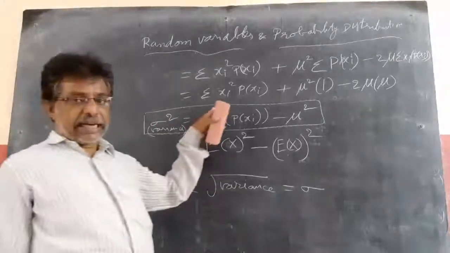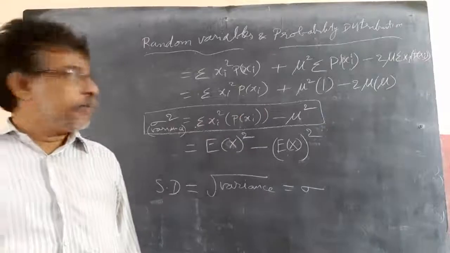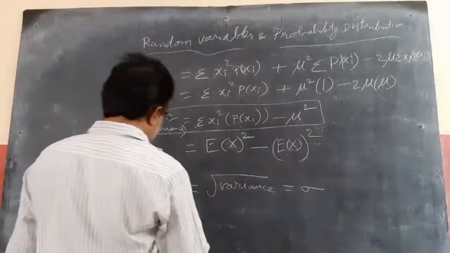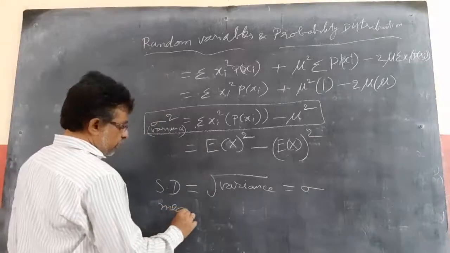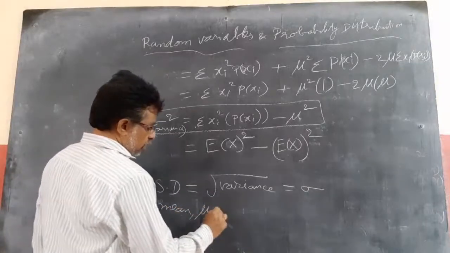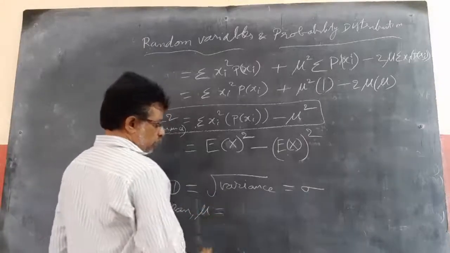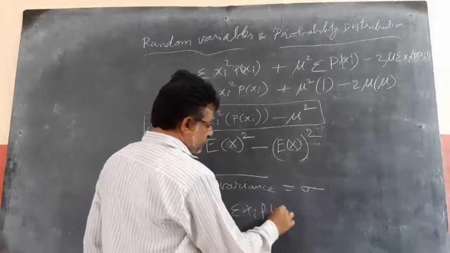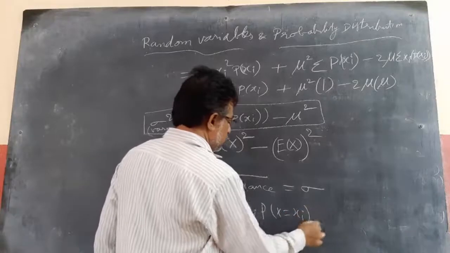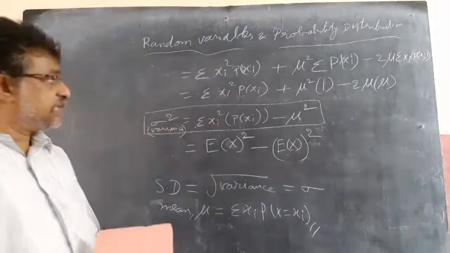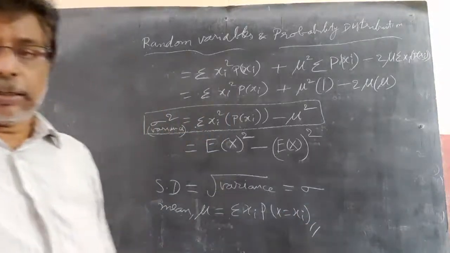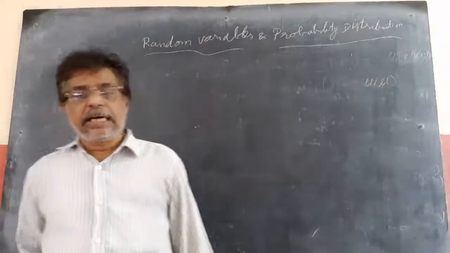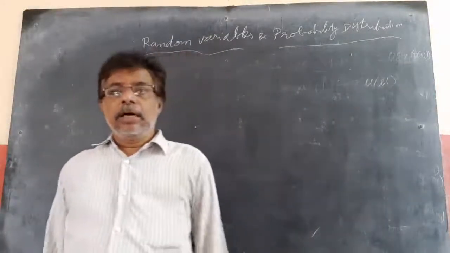Variance is sigma xi square into P of xi minus mu square, where mu is called the mean. So mean mu equal to E of x equal to sigma xi into P of xi. This is mean. So remember these three formulae very well. Now we will discuss some problems on this concept, and this is for 7 marks.